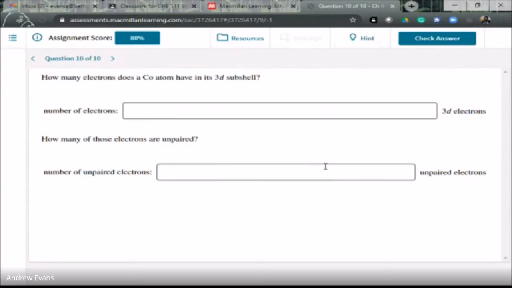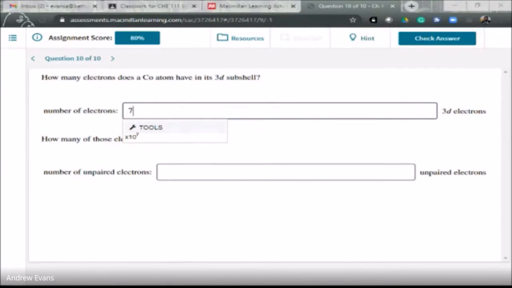Cobalt is right there at element number 9. If you subtract out your s, that puts 7 electrons. It's the 7th element into the d subshell, so 7 electrons. It's going to ask you how many electrons, which is going to be 7, but then ask you how many of them are unpaired.